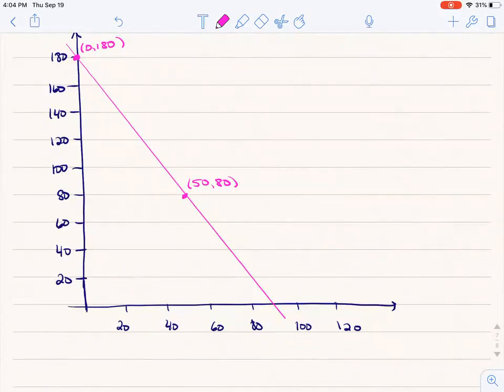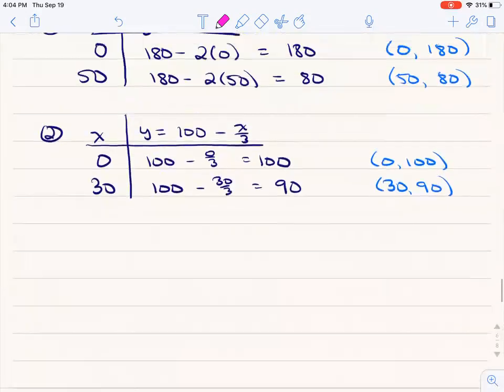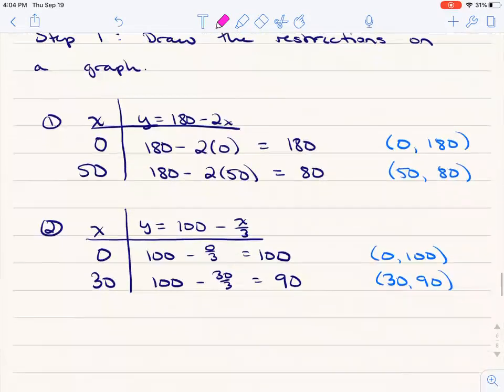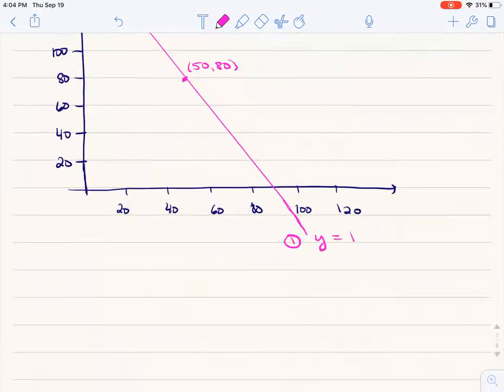Now what I like to do, just so I can have these equations on the same graph, is I'm gonna just extend this a little bit longer. Not as nice, but, and I'll say this is equation 1 that has the equation y equals 180 minus 2x. So this is y equals 180 minus 2x.